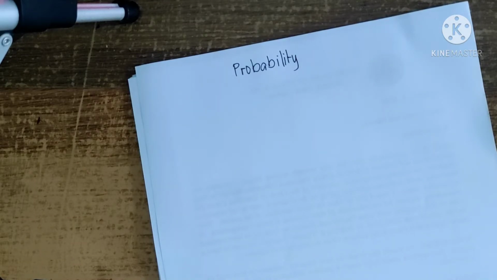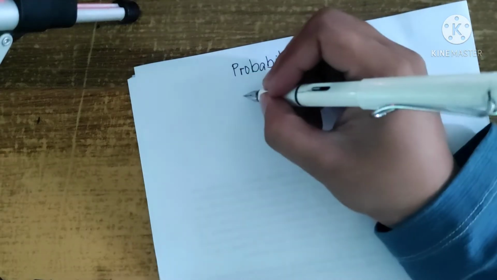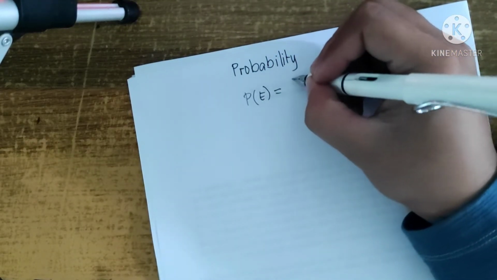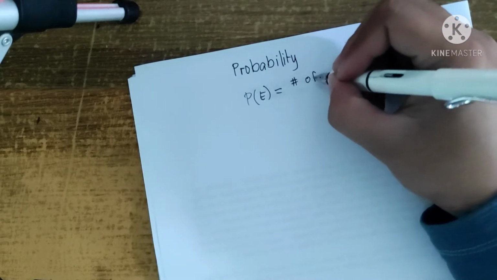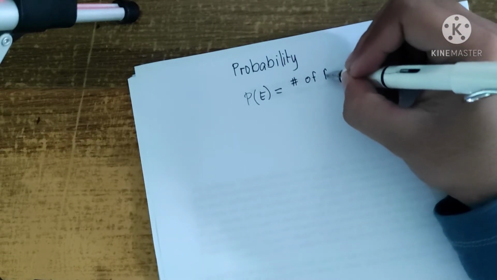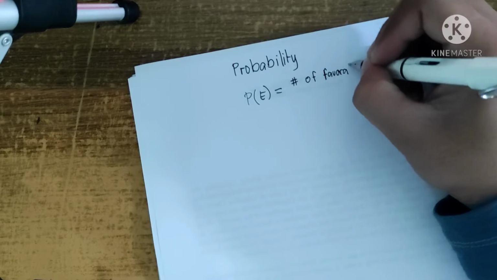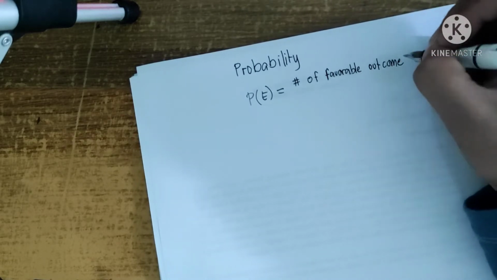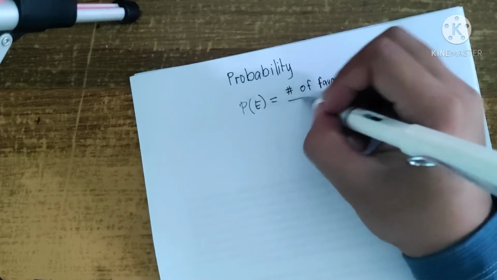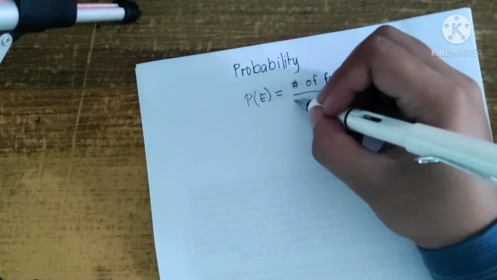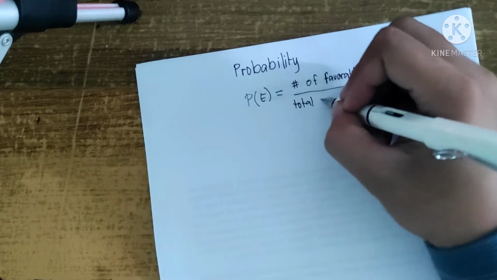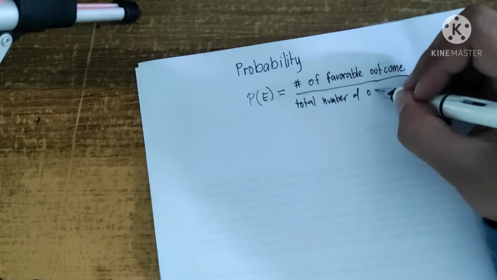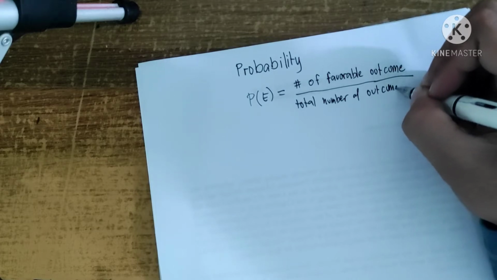Now, the formula for the probability is P of E is equal to number of favorable outcomes of an event over the total number of outcomes.